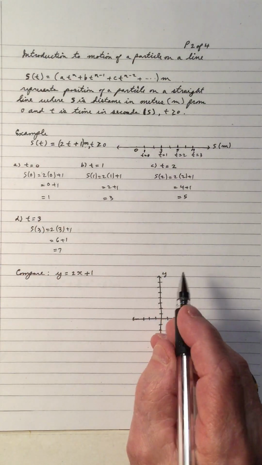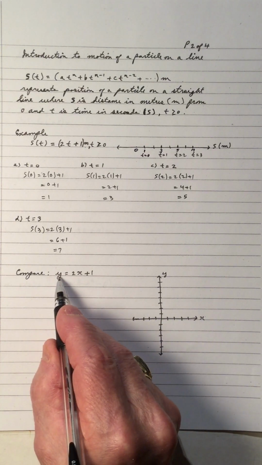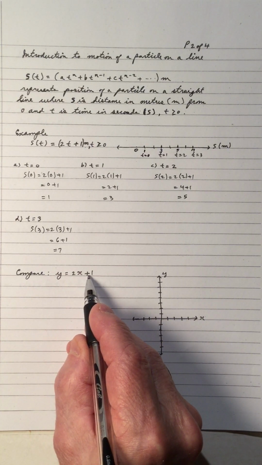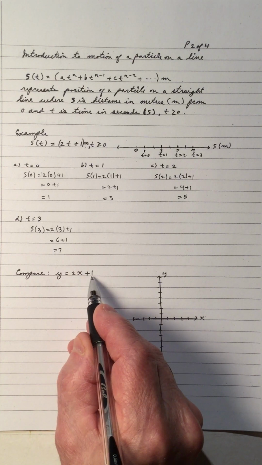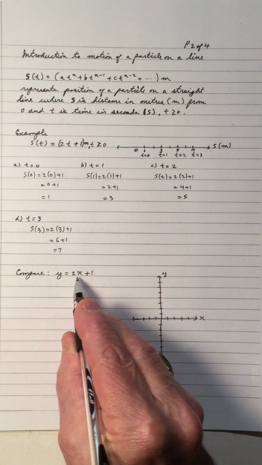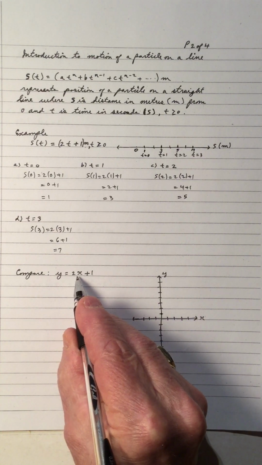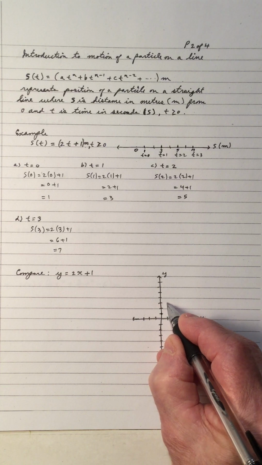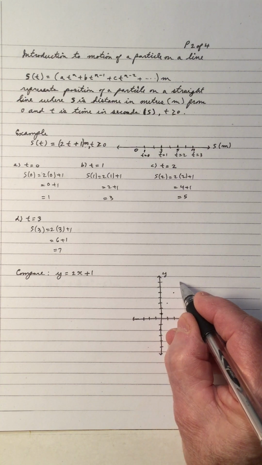Now let's have a look at this expression in terms of x and y. We have y equals 2x plus 1, which is linear. Notice that the slope of this line is 2 and the y-intercept is 1. The slope is 2 over 1, so you rise 2, run 1, rise 2, run 1, rise 2, run 1.